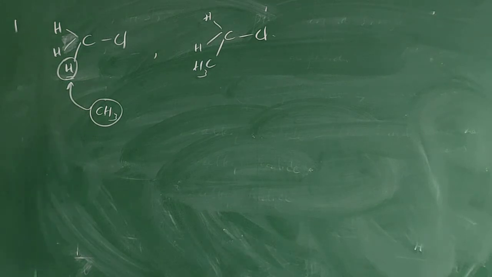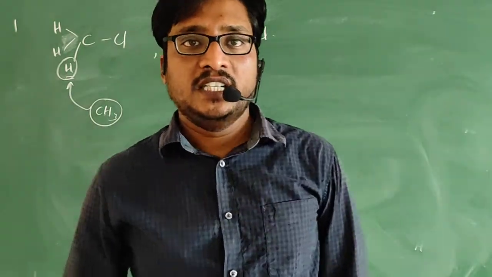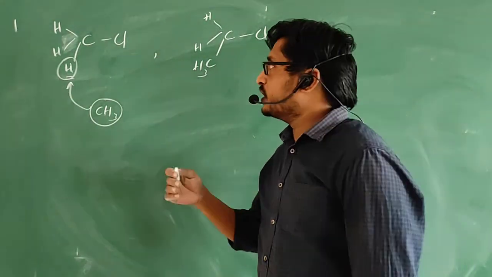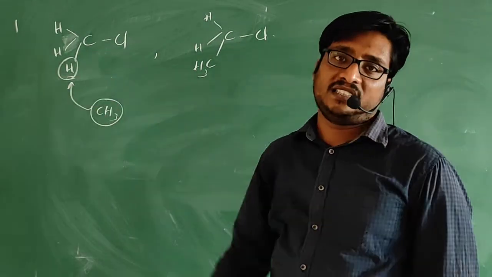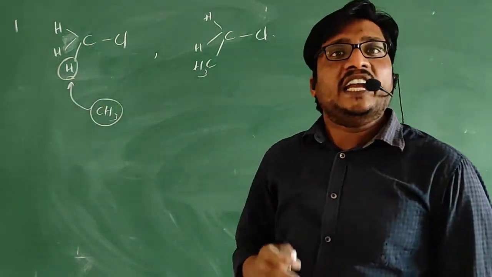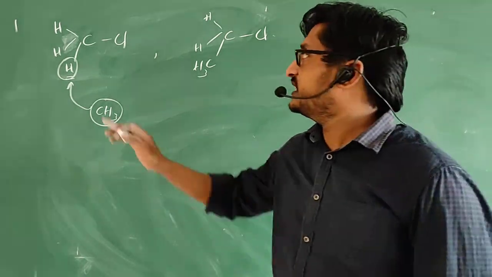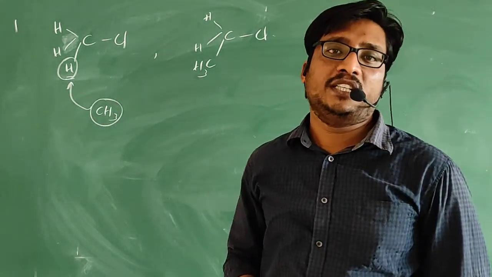Here if SN2 reaction wants to take place, then the nucleophile wants to attack the carbon from the backside. When it attacks the carbon from the backside, hindrance should not be there.